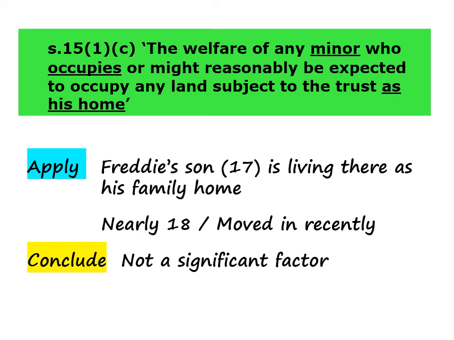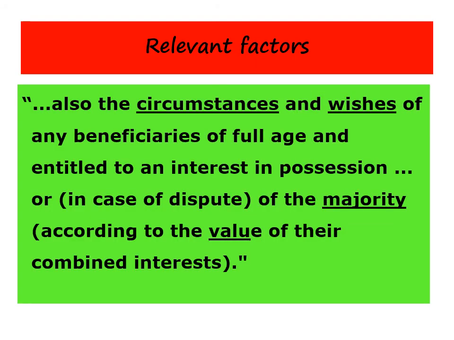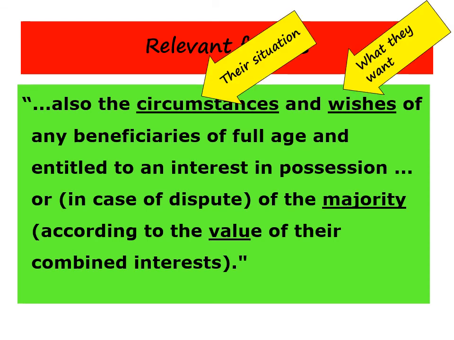And then we have the final relevant factor, which in this case is likely to be extremely significant. And the section states that the wishes and circumstances of the beneficiaries must be taken into account, so what they want and their circumstances, and if there is a dispute, as there is here, then it's the circumstances and wishes of the majority of beneficial owners which is taken into account.